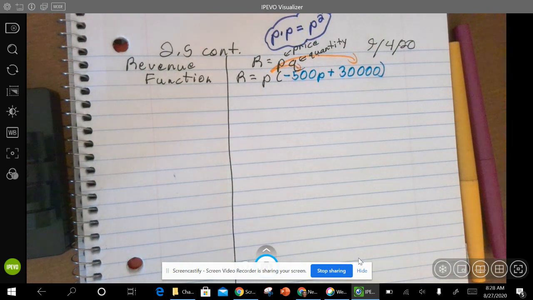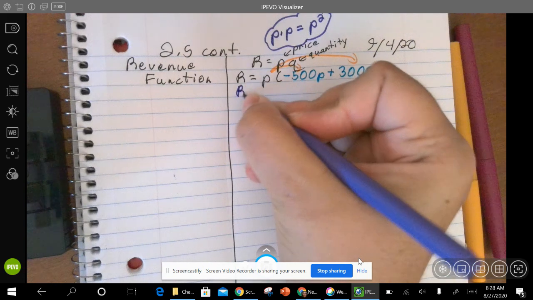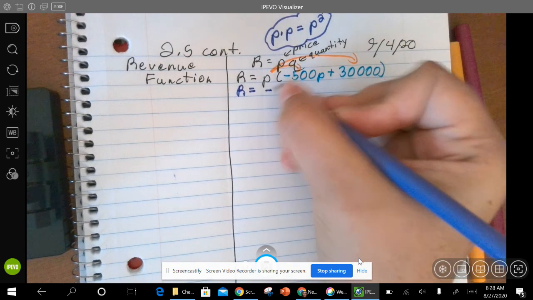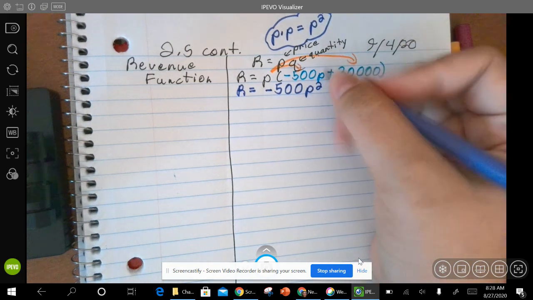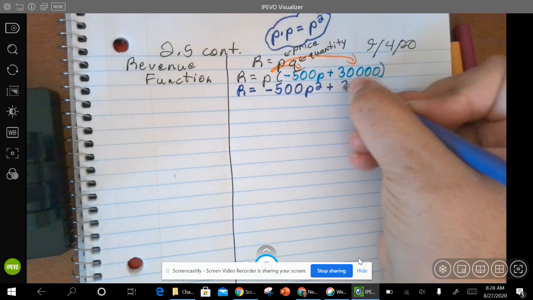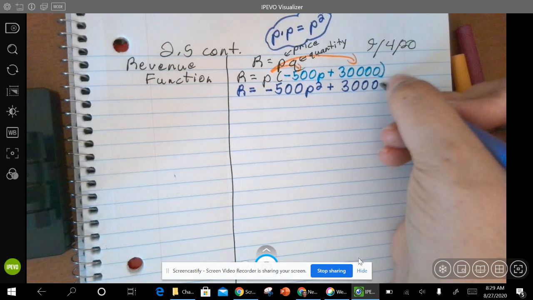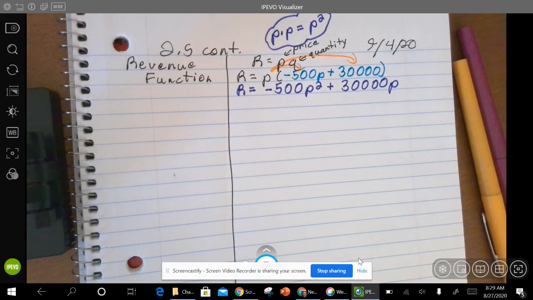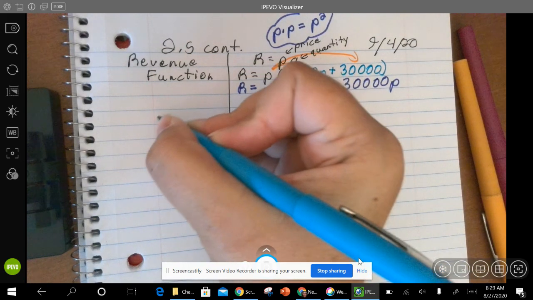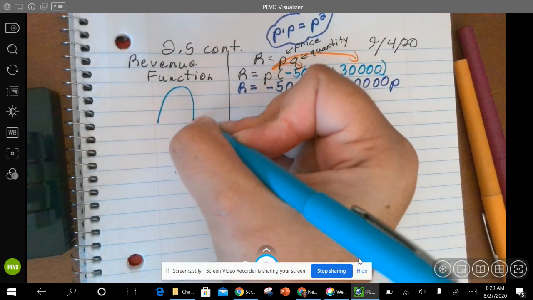So our revenue is going to be equal to negative 500 times the price squared plus 30,000 times the price. Make sure you count those zeros. Since it's squared, it's going to be a quadratic function, everybody. So just remember, it is going to be a parabola.